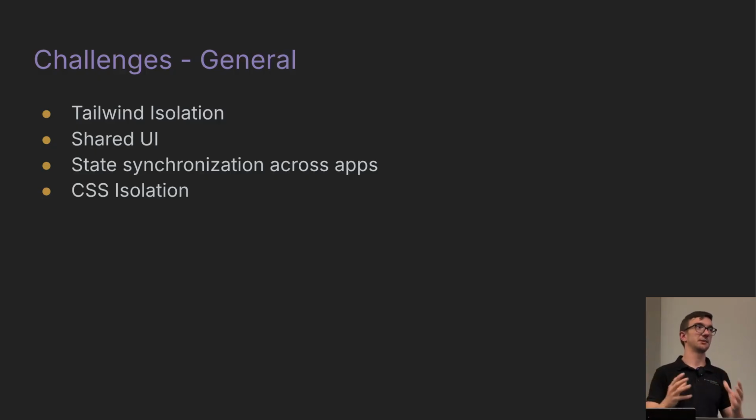So you will need some kind of component library that's shared across all apps. State synchronization across apps is also a topic, because if you decouple it, like I've just shown you with web components, you will need some kind of interface. And finally, CSS isolation is also a topic, because if you source an app that also sources CSS, and CSS, as you know, is global in the browser if you don't do CSS modules or something like that.